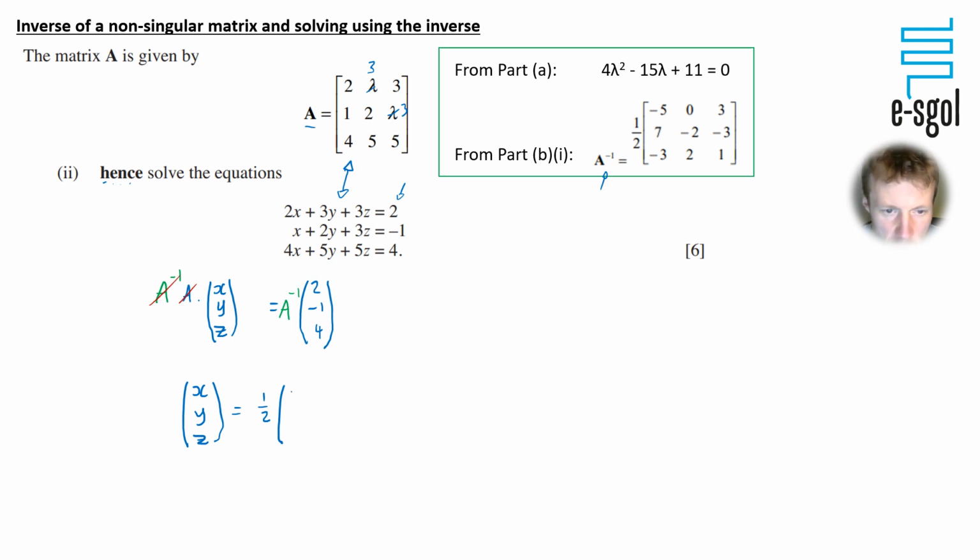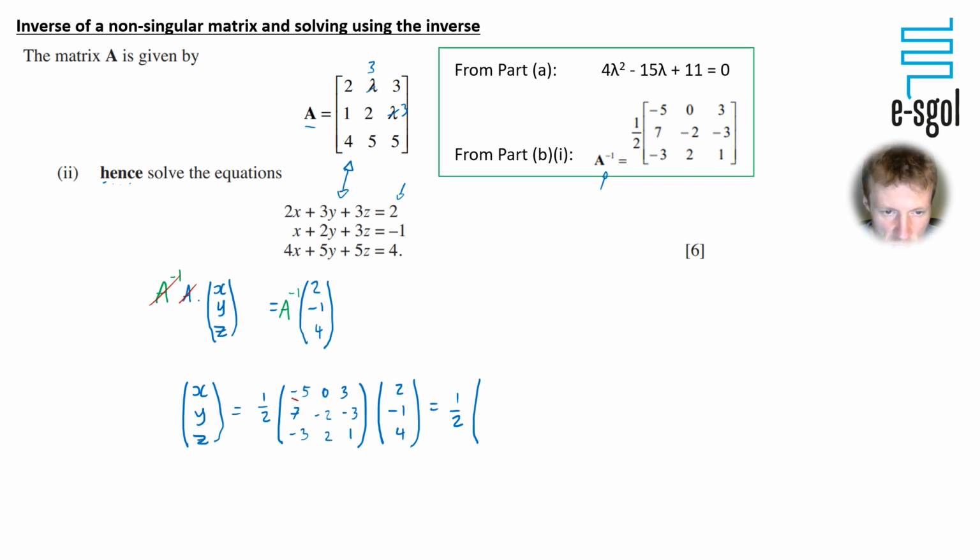times, what is it, negative 5, 0, 3, 7, minus 2, minus 3, and minus 3, 2, 1, times 2, negative 1, 4. So that equals 1/2, and we just need to remember how we multiply matrices together, kind of a topic you do in year 12.